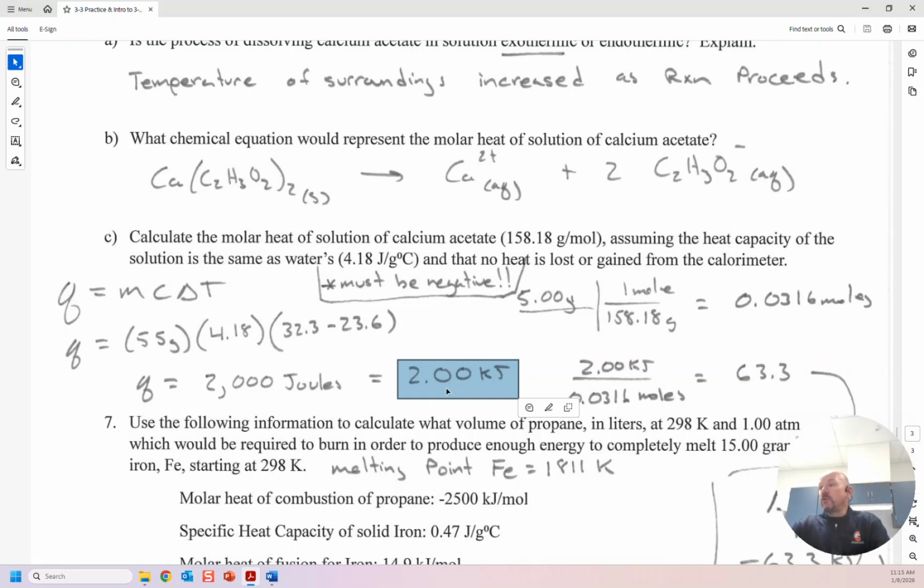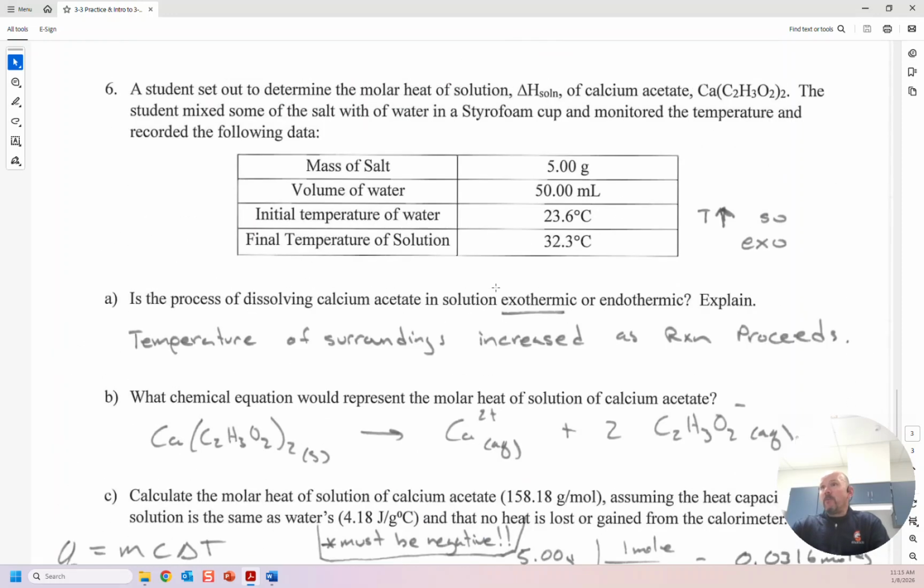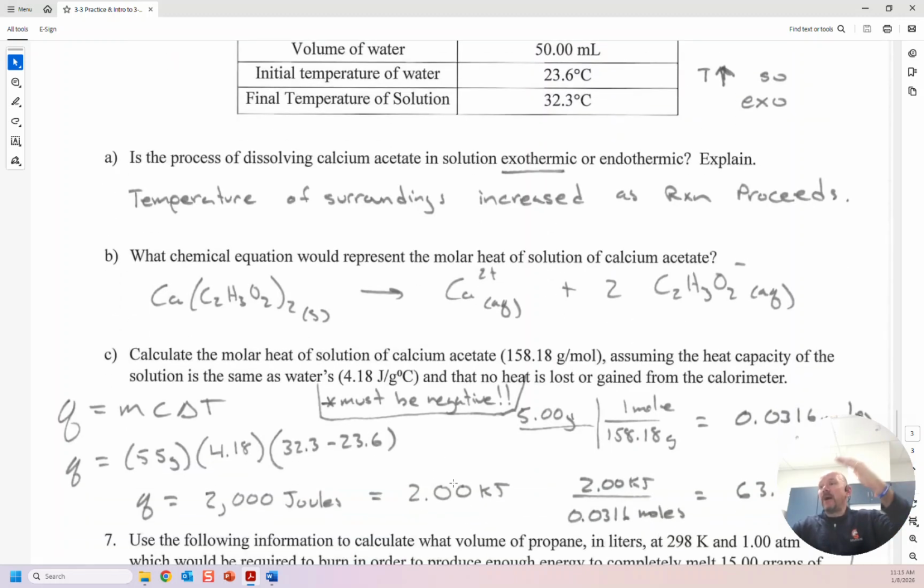If we took 2 kilojoules of energy and divided it by 5 grams of the salt, that would give us the heat of solution in energy per gram. But we wanted an energy per mole. So we have to figure out how many moles is 5 grams of the salt, and then take the amount of energy that we found here and divide by the number of moles to get energy per mole.